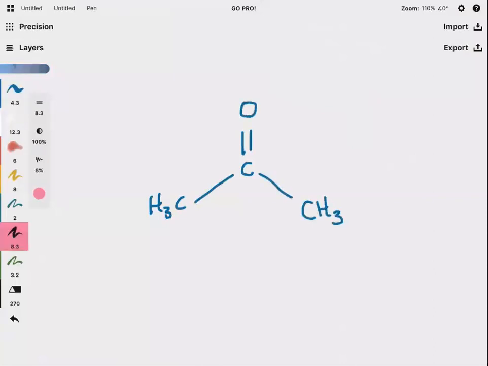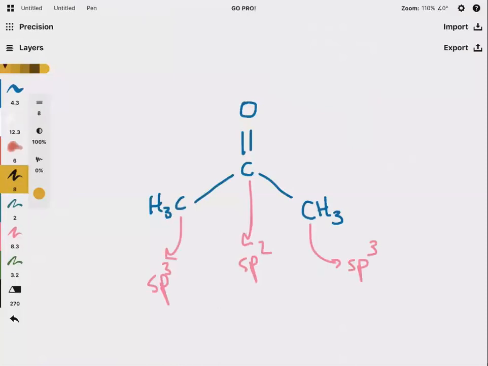So hopefully now you're able to see pretty clearly that this carbon was sp3, this carbon was sp2, this carbon was sp3. But what about the oxygen?